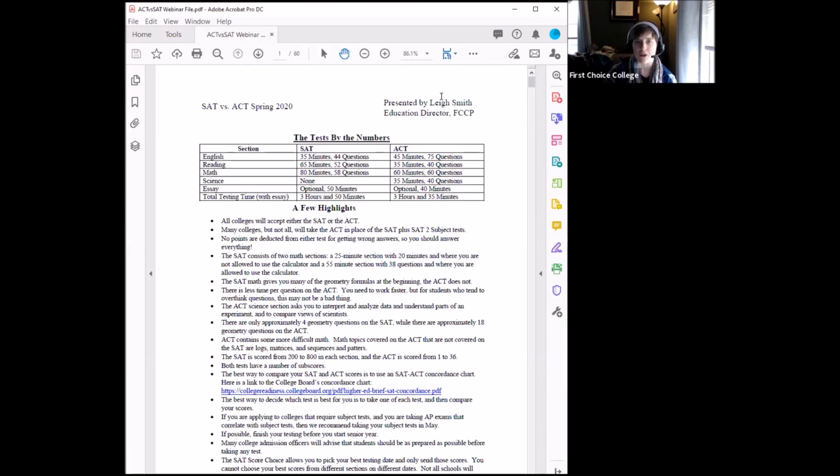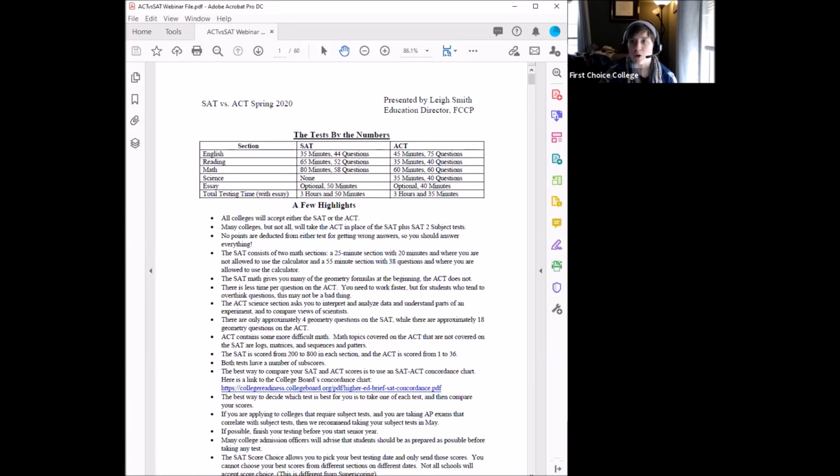It's all about making sure it all makes sense, with the non-calculator and calculator sections, and keeping an eye on what you're stronger on.